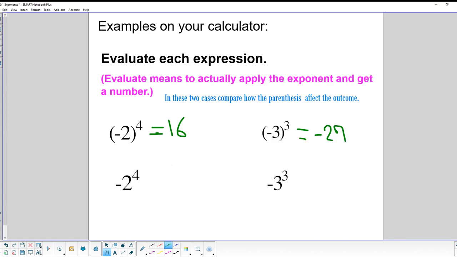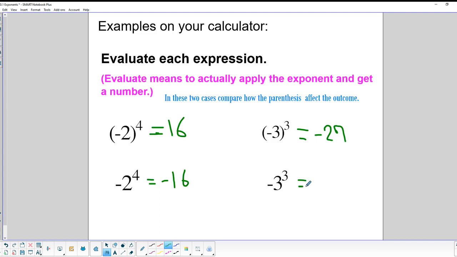-2 to the 4th power without the parentheses. -2 raised to the 4th power is -16. That's a different result, right? You got a negative number there. That's a kind of surprising result. How about negative 3 to the third?